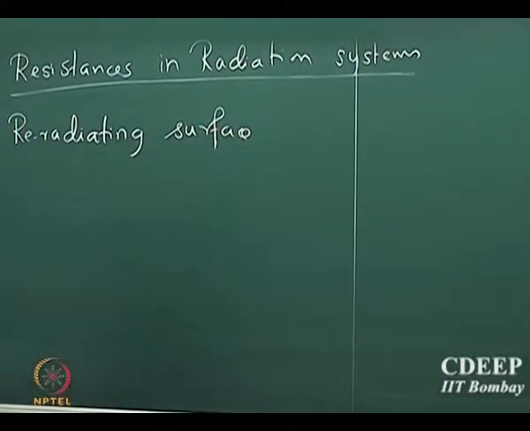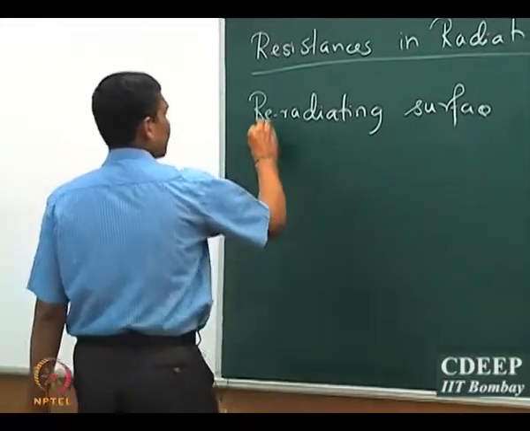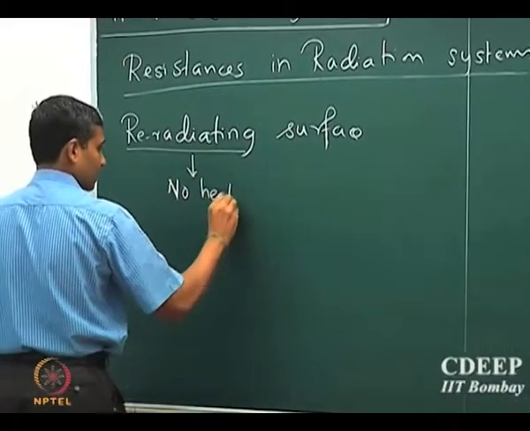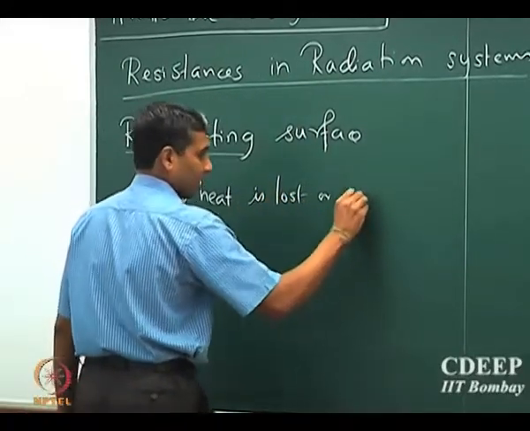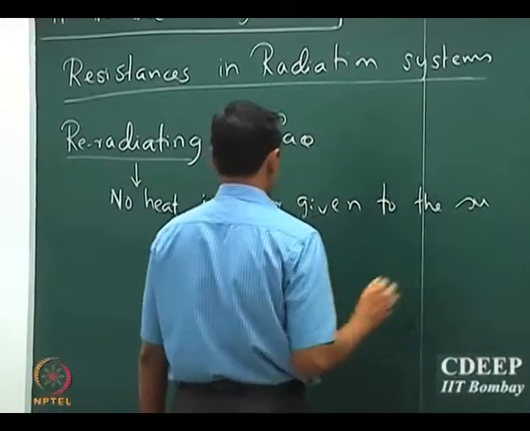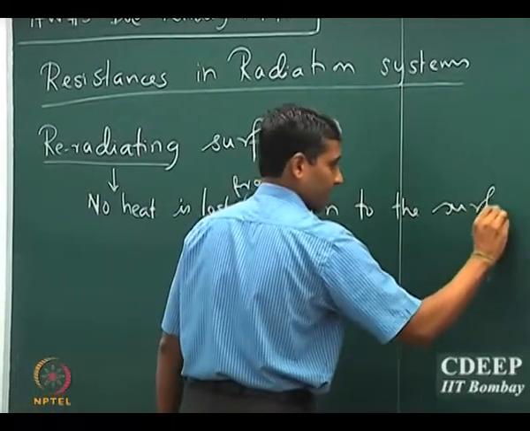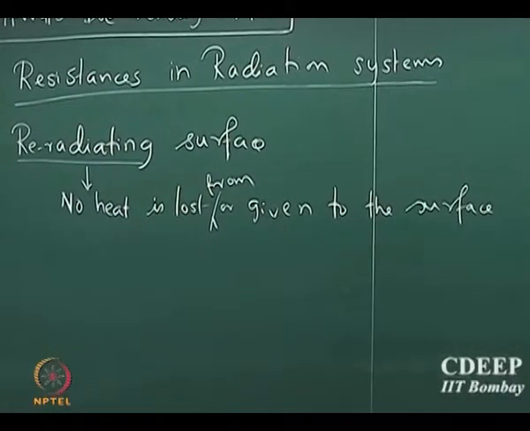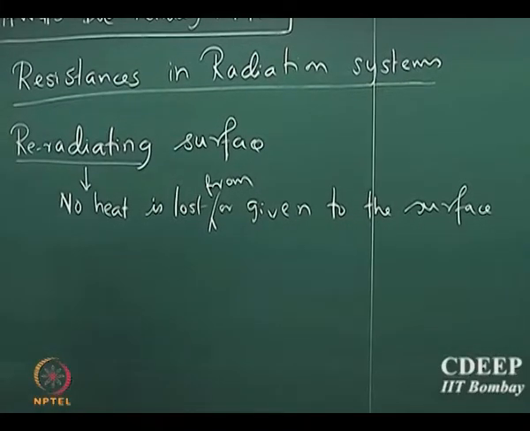A re-radiating surface is essentially one where no heat is lost from or given to that surface, and that is what is called a re-radiating surface. In some sense it is like an adiabatic surface.